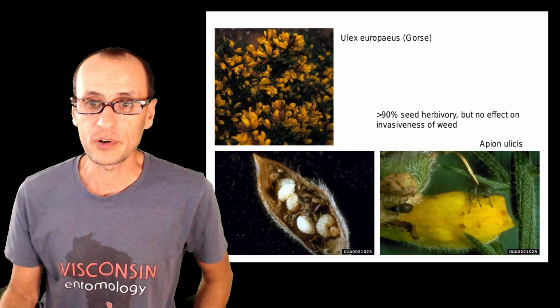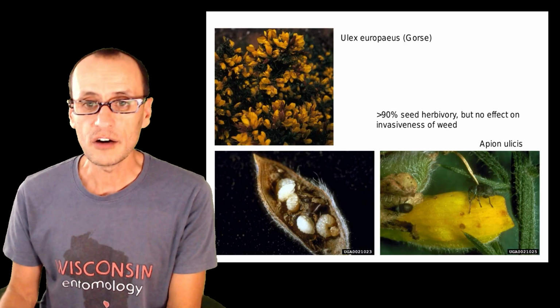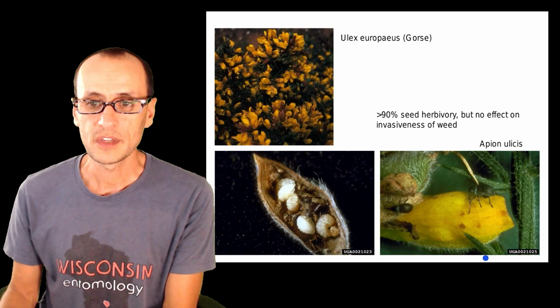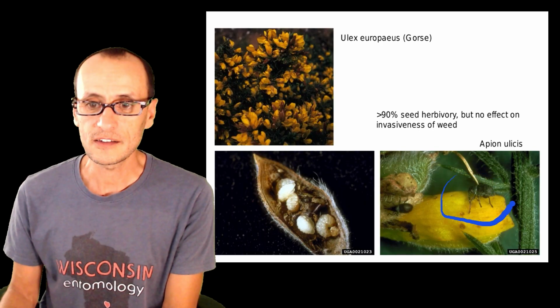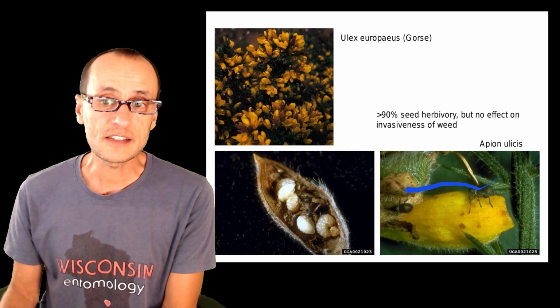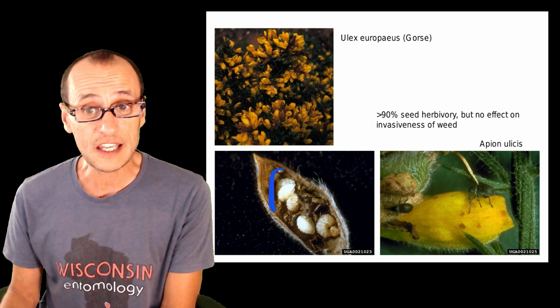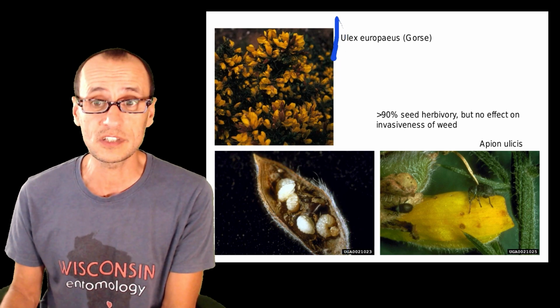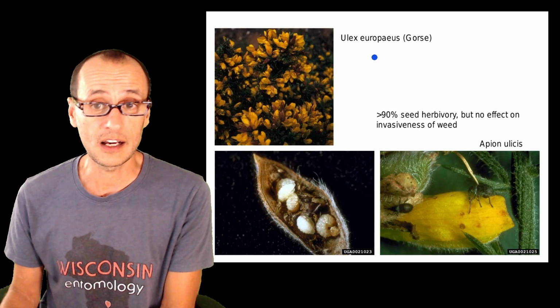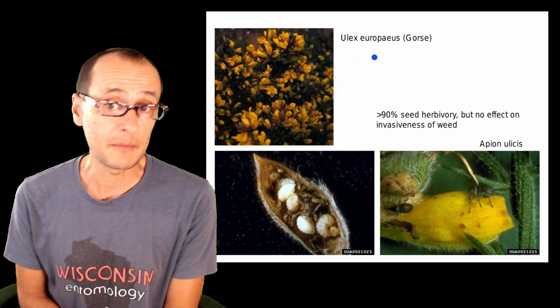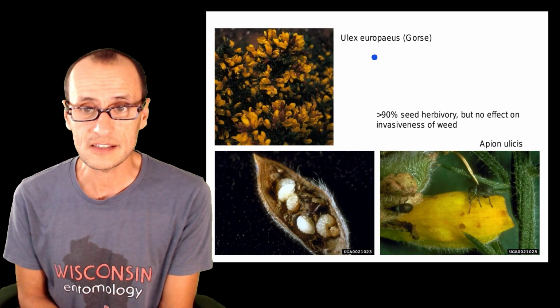Here's an example of this particular weevil here, this little apion that lays its eggs, and the larvae feed in the seeds of this particular plant that often can become a weed in some places.